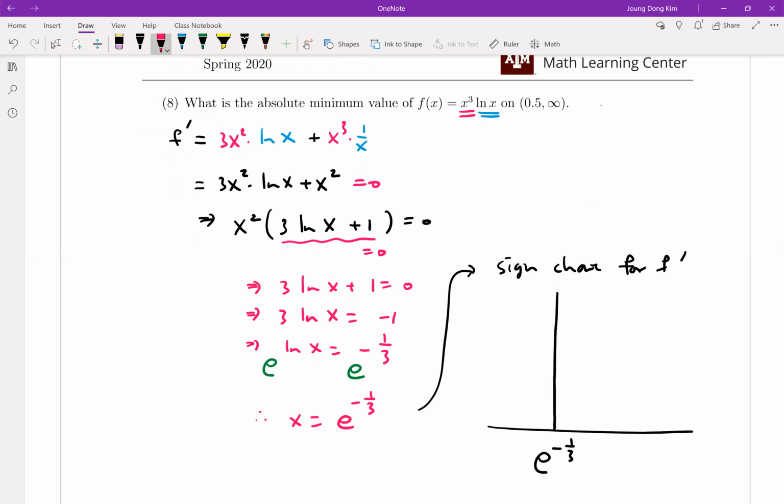So your f prime will be negative, which means f is decreasing. So your graph looks like that. And whenever you plug in any value which is bigger than e to the negative 1/3, then your f prime will be positive.